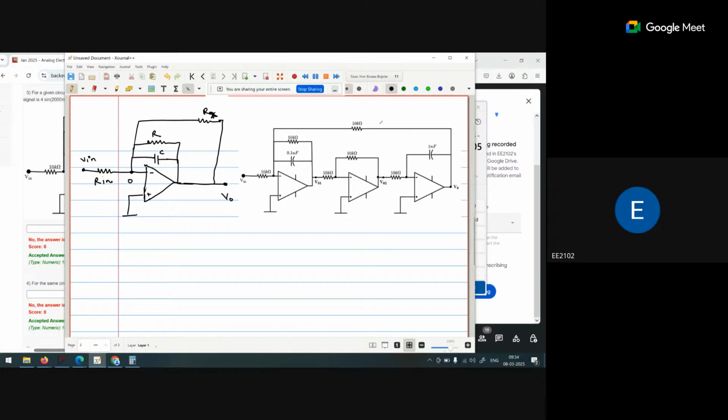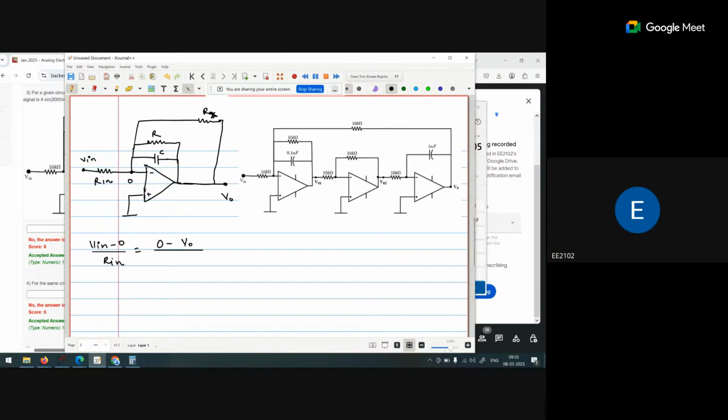The voltage at this point is 0. So V in minus 0 upon R in is equal to 0 minus V naught upon what.